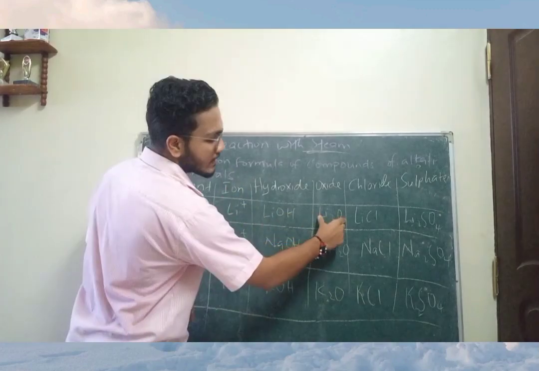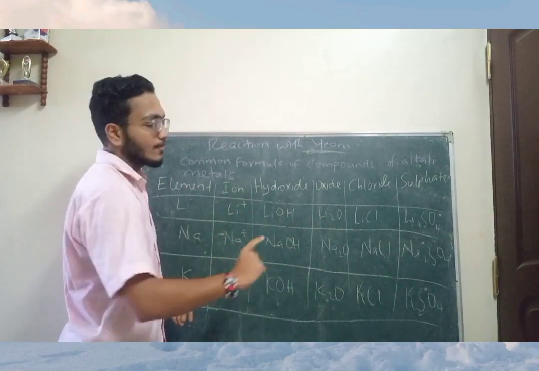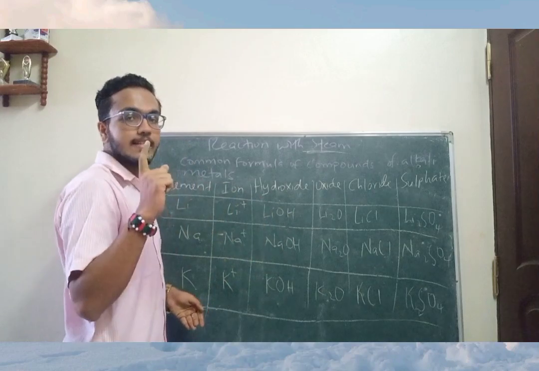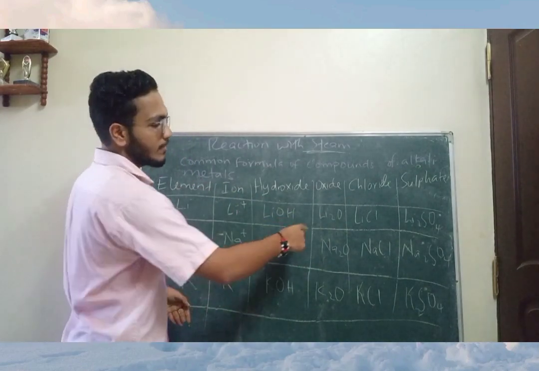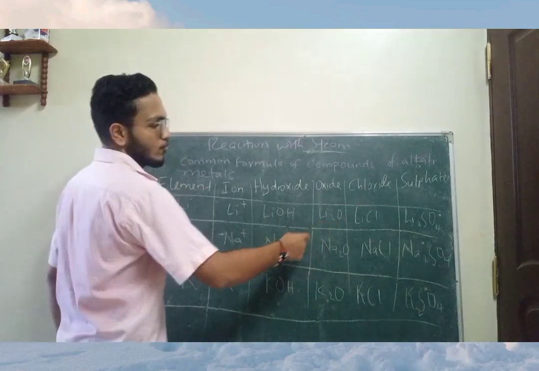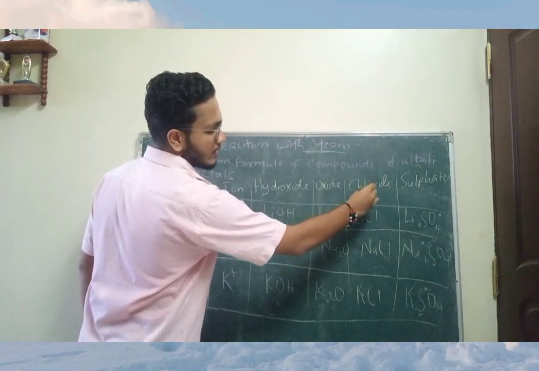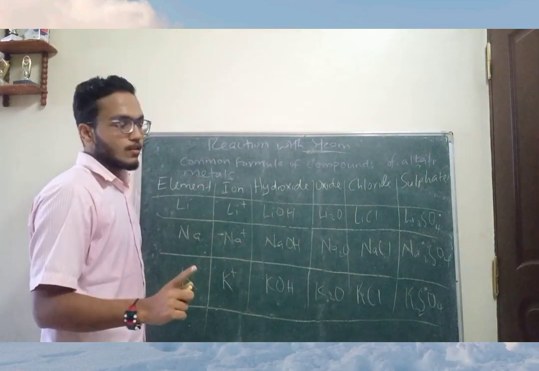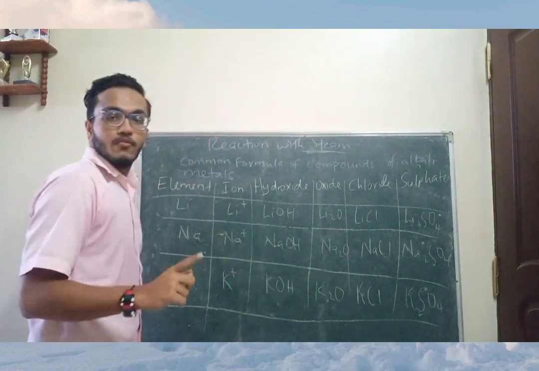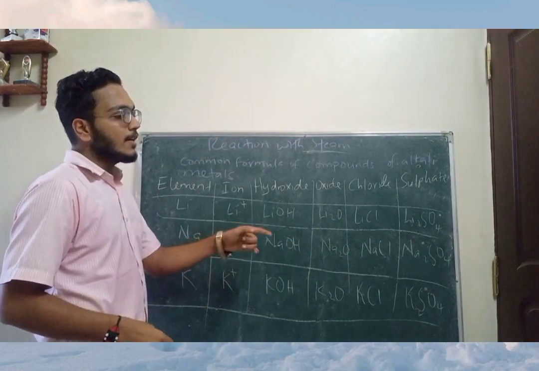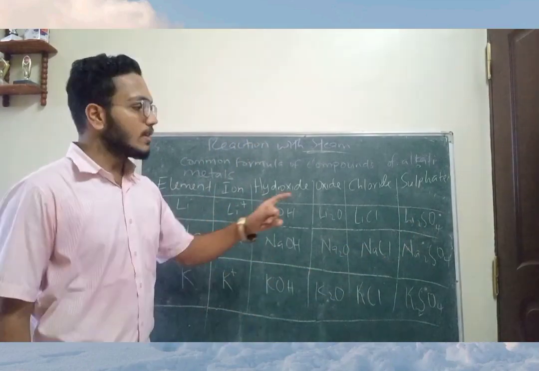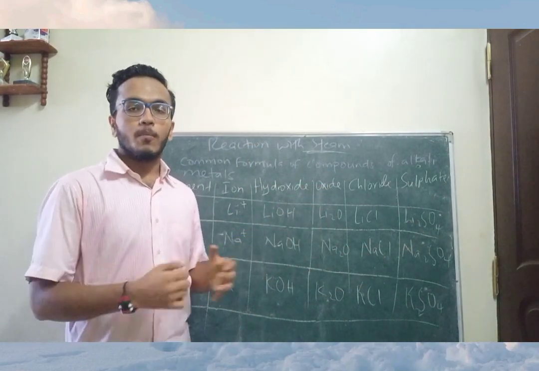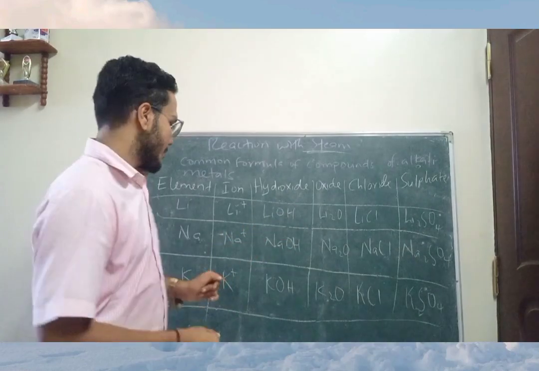However, for lithium oxide, lithium having valency 1 combines with oxygen having valency 2. So the 2 of oxygen crosses to the lithium, hence lithium oxide is Li2O. Lithium chloride, chlorine having valency 1 and lithium having valency 1 combine to form lithium chloride. Lithium sulfate, sulfate having a valency of 2, lithium having a valency of 1 combine to form lithium sulfate.